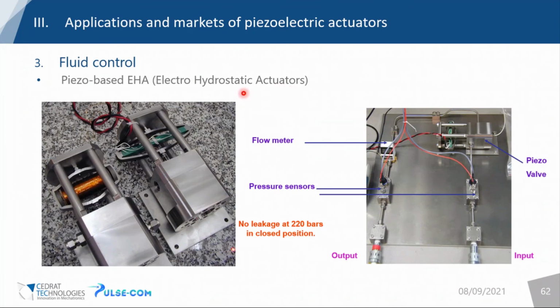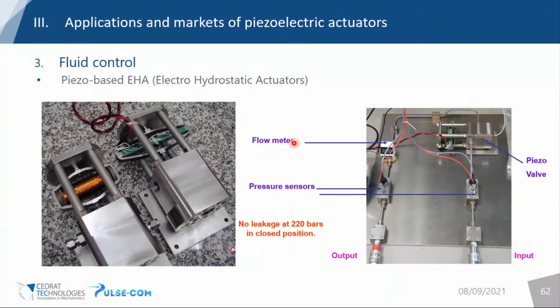Another kind of piezo actuator would be the hydrostatic actuators. As you can see here, you have a little piezo valve on this test bench. The input of the fluid goes there, and the output would be here, and here.